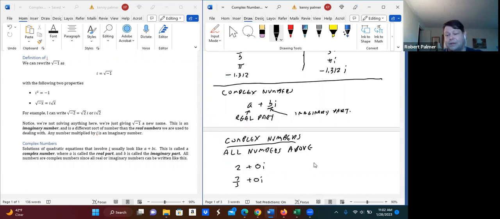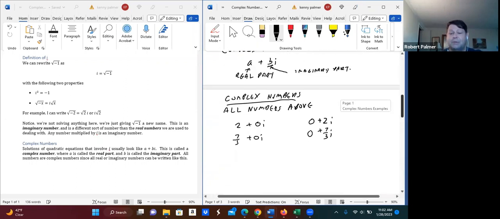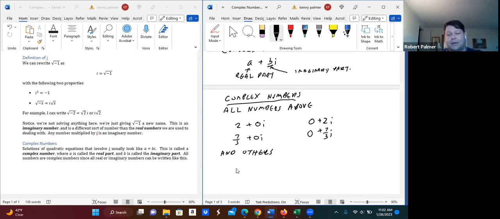Or on the other side, we can have 0 plus 2i, where the real part is 0. Or once again, 0 plus 7/3 i, where the real part is 0. But then we can also have other examples, and others, and this is what we'll often get from quadratic equations, something like 2 minus 3i, or maybe negative 4 plus i, or 2/3 minus 3/5 times i, where you have both a real part and an imaginary part.